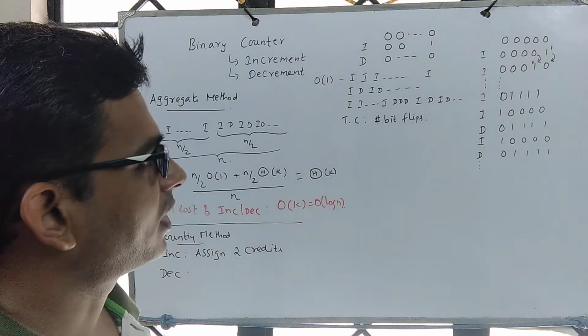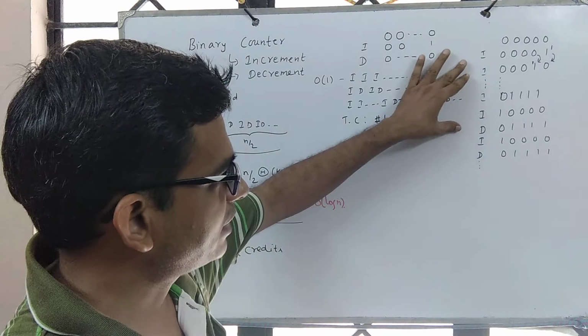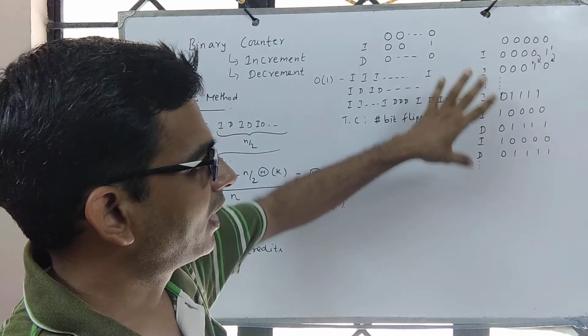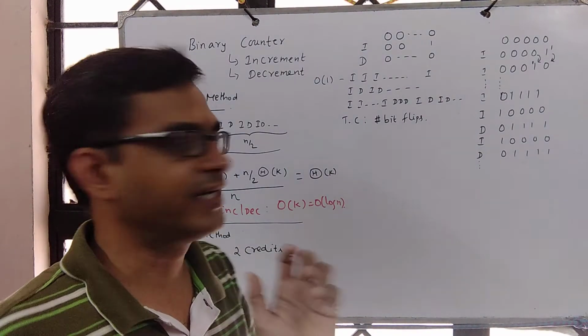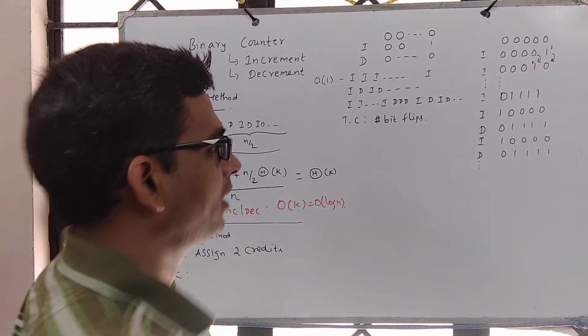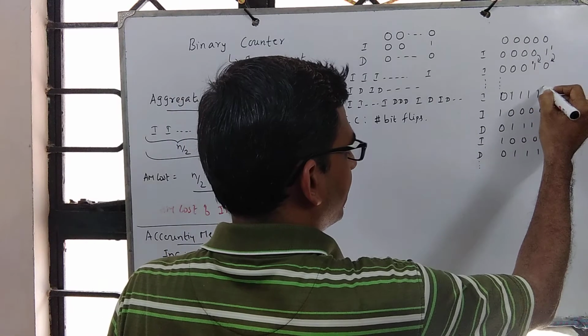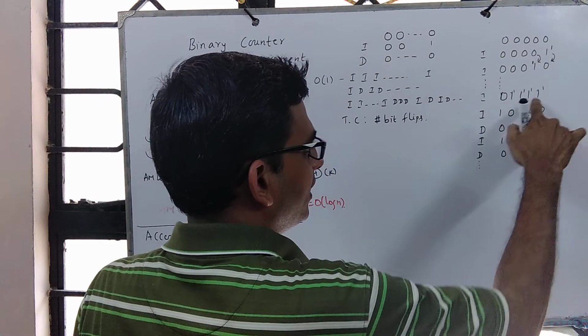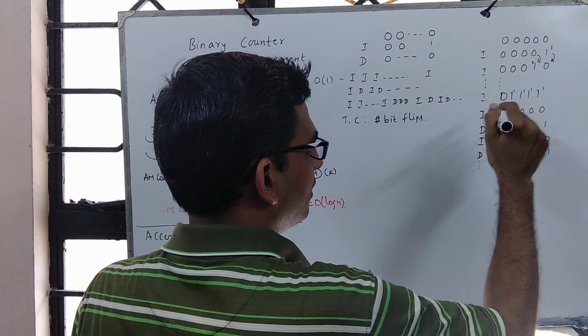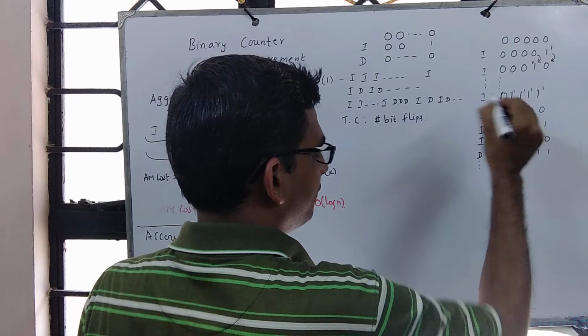Please note, when we perform a sequence of increments, at any point in time, if you see 1, there is a credit attached to it. And if you see this, there will be a credit attached to each of them. And on further increment, all this is free.